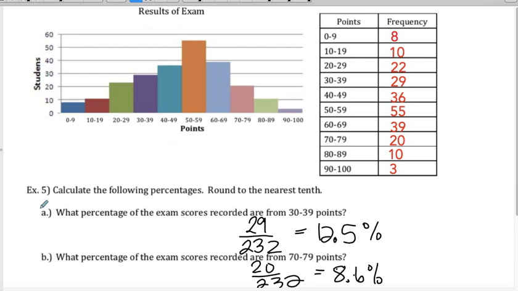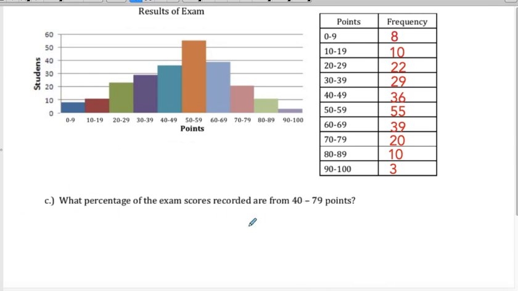And then lastly, example 5C, let's take a look at this. Now from 40 to 79, we need to add up all of these values here. So it'd be 36 plus 55 plus 39 plus 20.